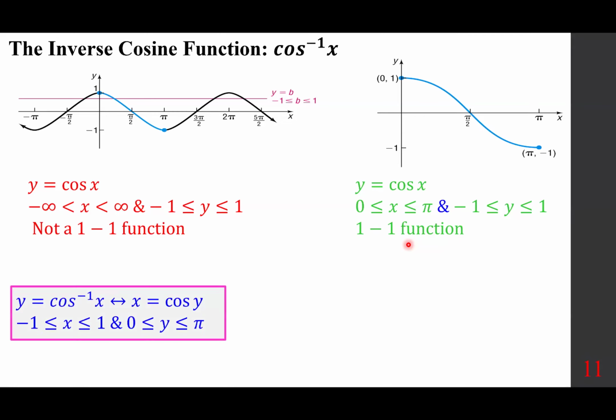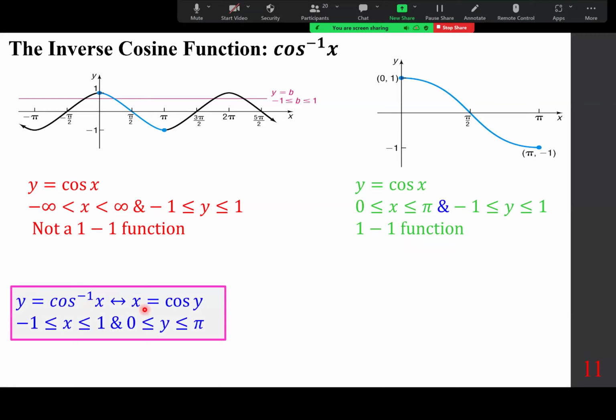So now, when y equals cosine inverse x, by definition, x becomes cosine y. The domain, 0 to pi here, becomes the range. The range, negative 1 to 1, becomes the domain.